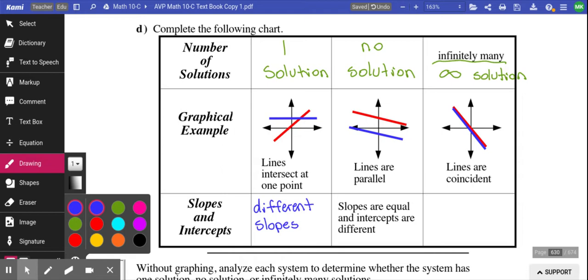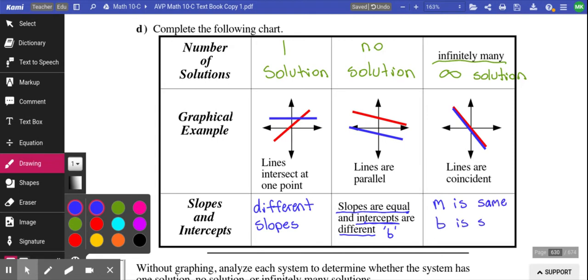To get no solutions, you must have equal slopes. So the slopes are the exact same, but the y-intercepts or the b value must be different. If the b value is the same and the slopes are the same, that means your m is the same and your b is the same.